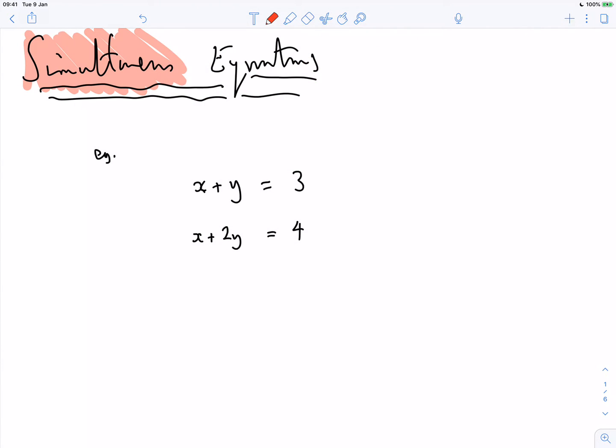For a start, these x and y's are unknowns and they're variables.